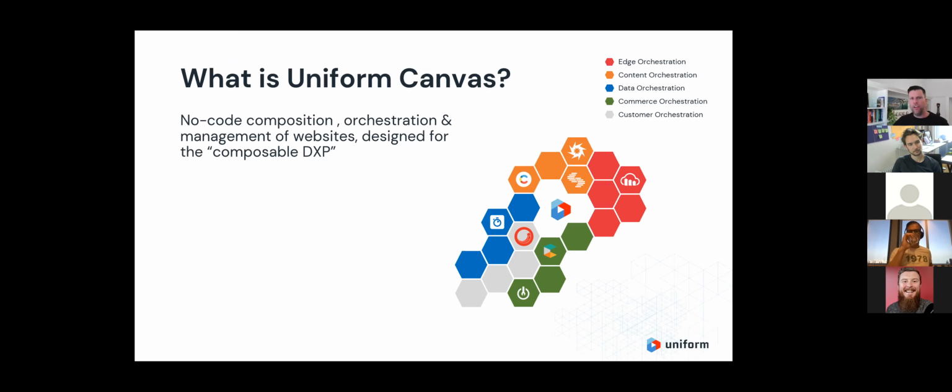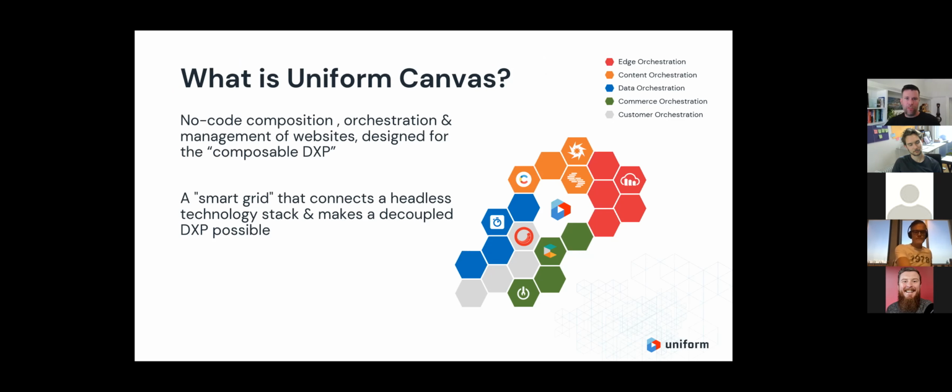So what that really means is it's a smart grid. It's a no-code interface for marketers and non-technical people to create pages, create experiences, personalize them, but actually use a best-of-breed tech stack for that. So Sitecore from a CMS point of view, but maybe Contentful with Sitecore, maybe Boxever, but maybe also commercetools and or BigCommerce.